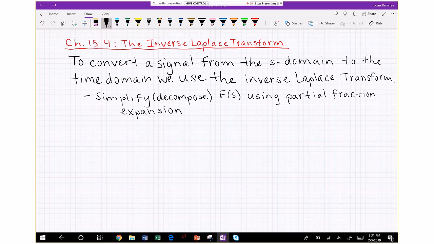And then the second step is to use pairs and properties of the Laplace transform to find the inverse Laplace transform.